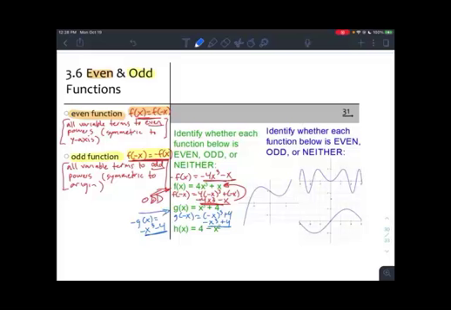So this second example would be a neither. And then finally, this h of x, if we evaluate h of minus x to test if it's even, we get 4 minus a negative x squared becomes 4 minus x squared. When we compare that to the original, they are the same. So this would be the even function.